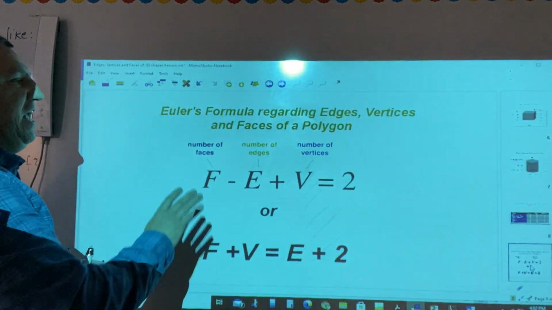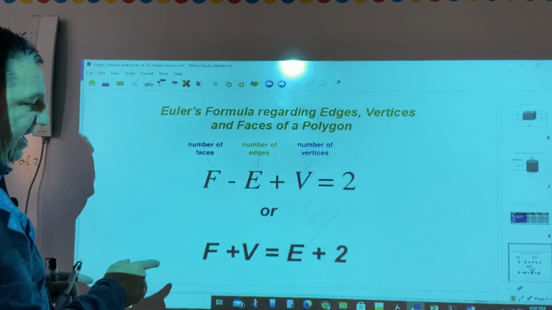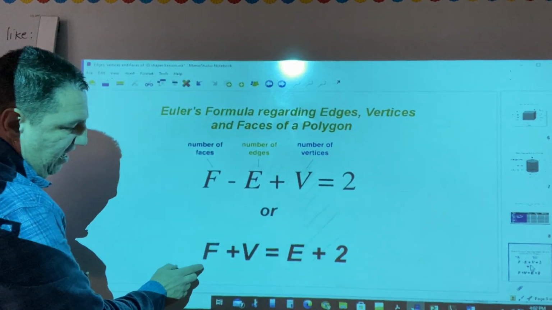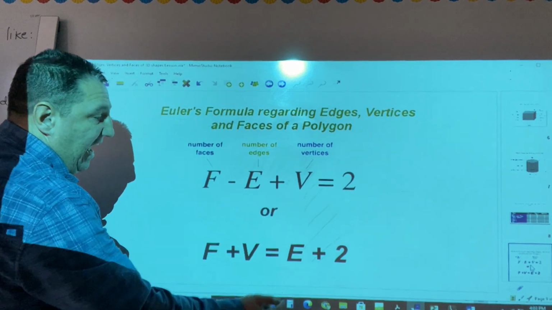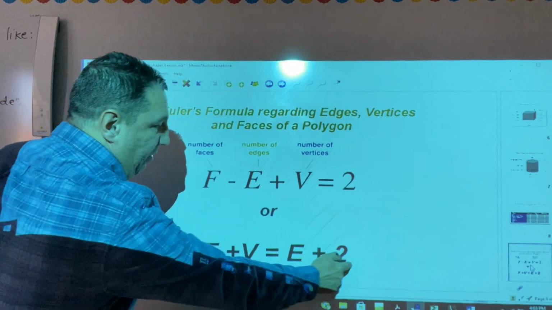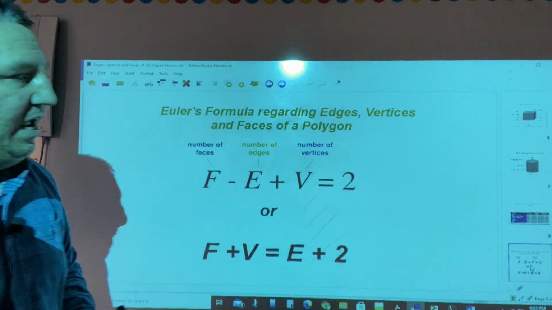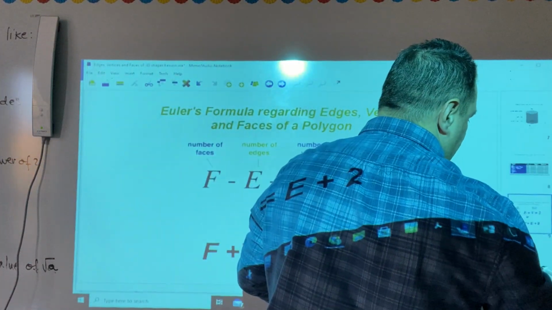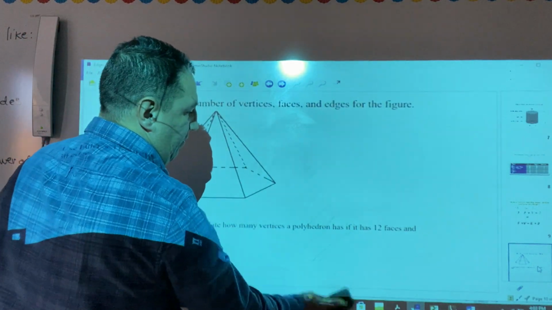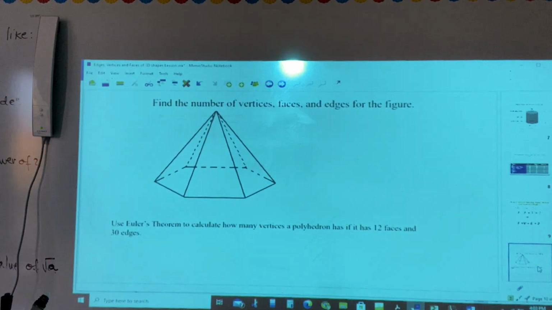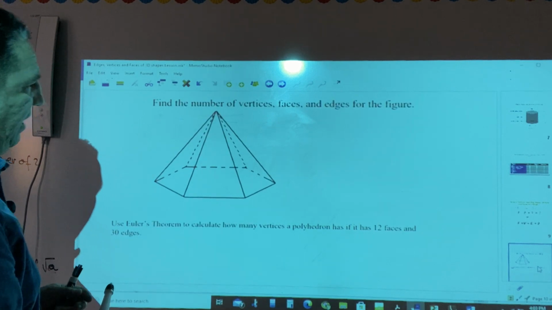But we can rewrite this initial formula in this form. In other words, the number of faces plus the number of vertices equals the number of edges plus 2 all the time. It's not so complicated. Now, let's have two applications with Euler's formula for edges, faces, and vertices.